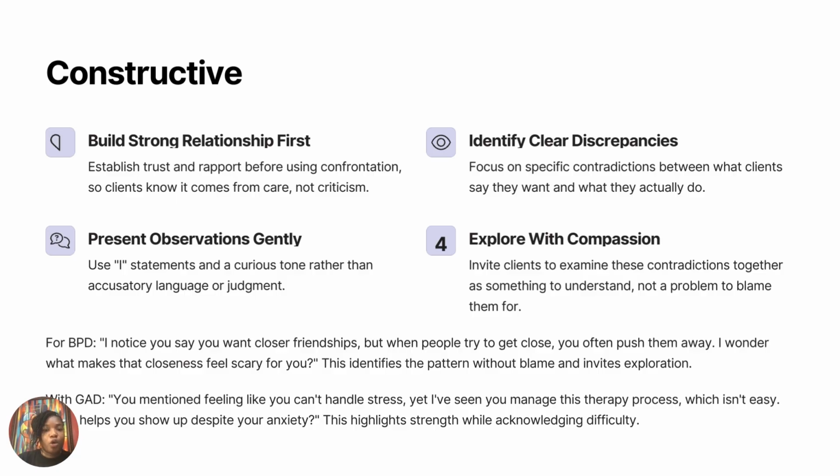Make sure you focus on the specific contradictions between what the clients say they want and what they actually do. And always, please, if you have to be constructive, use compassion. Explore their contradictions together, but don't blame them. You don't want to do that.